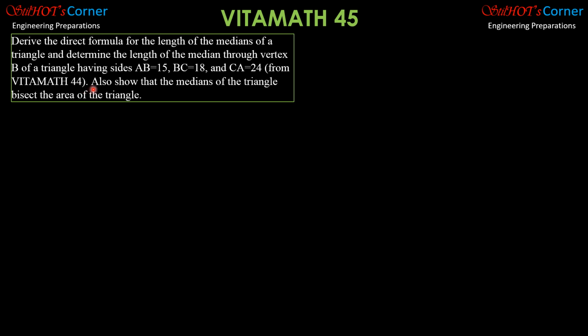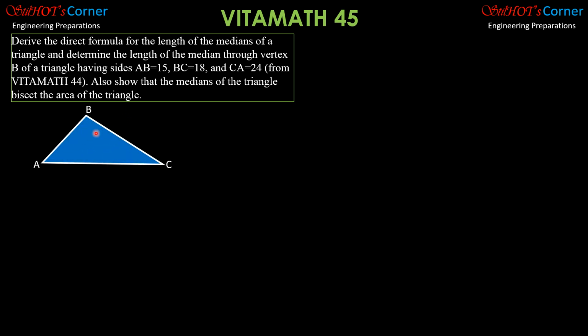So the angles A and C as well as B were already solved in that problem, and I will no longer solve them. You just verify the values from Vitamath 44, and I will copy the values of these angles here. Also show that the medians of the triangle bisect the area of the triangle.